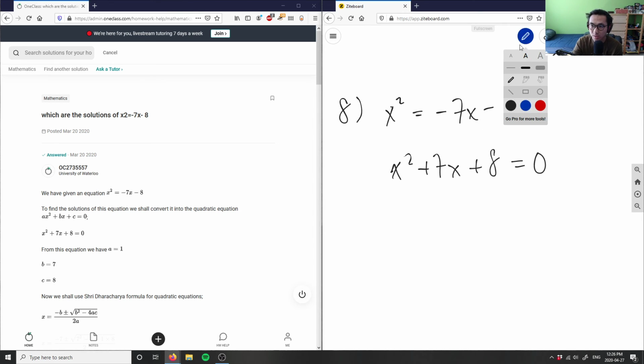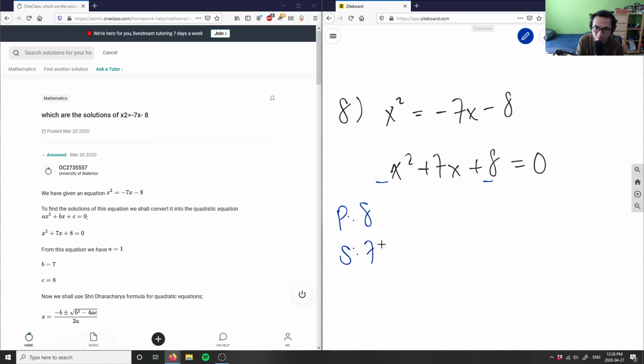What we can do is solve by inspection first and see if it factors out, right? So again, I have a times c. So I have 1 times 8 here, which is simply 8. So I need a product of 8 that sums to 7. My factors of 8 are simply 1, 2, 4, and 8.